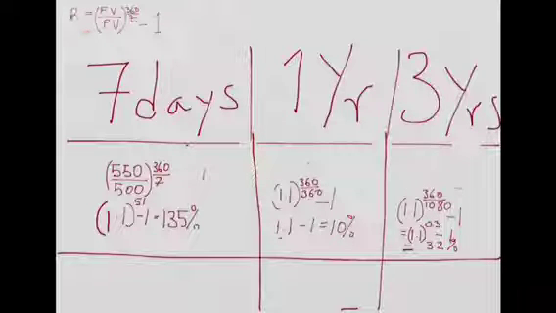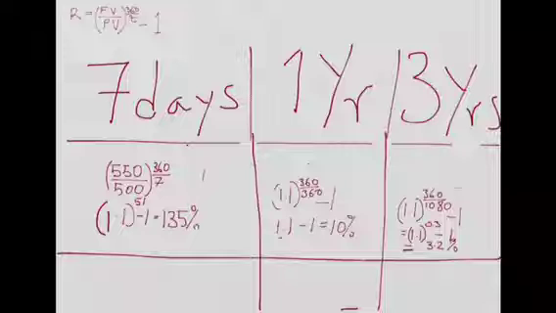This is the annualized return over a 7-day period. You invested $500, which is the present value, and then you get back $550 over a 7-day period. What kind of return is that? That's the formula, and the formula yields, in the case of 7 days, a 135% return.